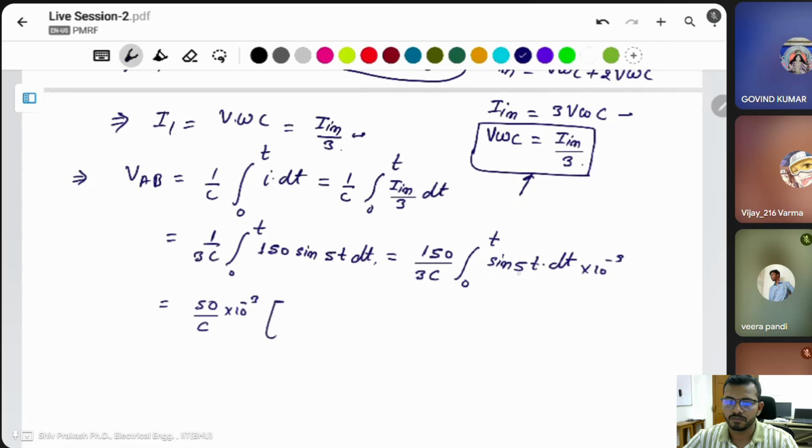The integration of sine 5t is minus cos 5t divided by 5, from 0 to t.